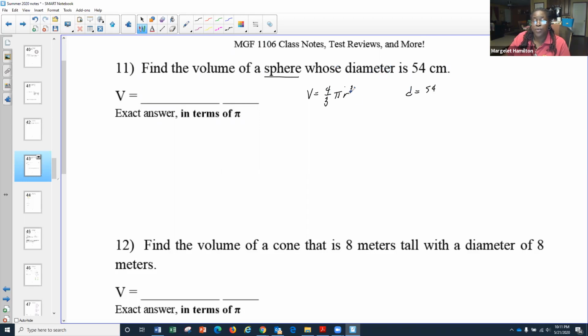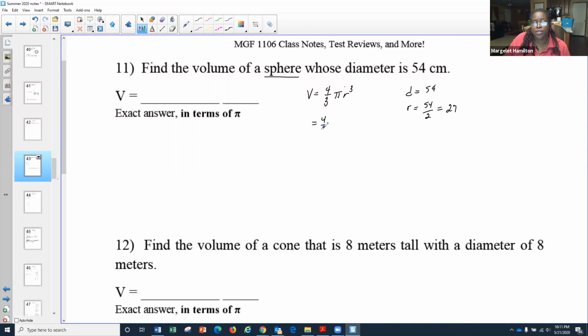With our formula, we see that we need a radius. So if the diameter is 54, then the radius is going to equal 54 divided by 2. And that's going to give us 27. So now we have everything we need to complete our formula.